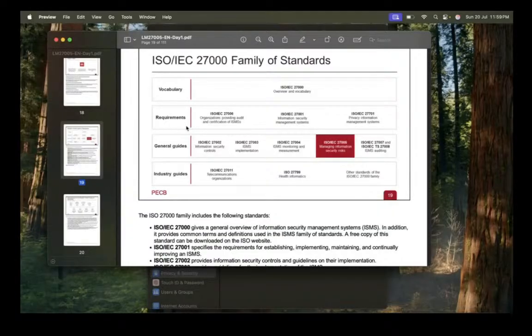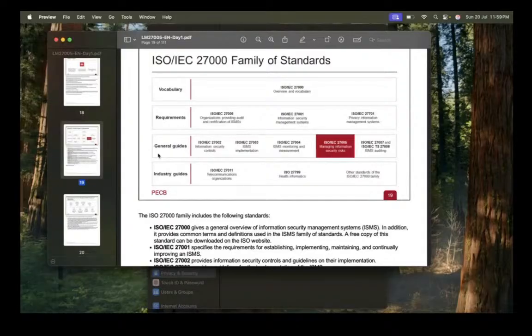These standards tell you about the requirements of the systems. For example, 27001 is information security management systems; it tells the requirements about that. Similarly, 27701 is about privacy information management systems.